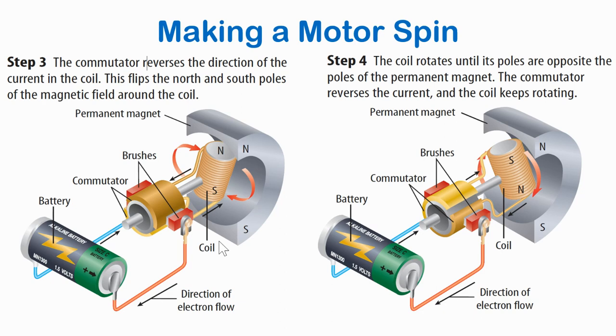This flips the north and south poles of the magnetic field around the coil. In step 4, the coil rotates until its poles are opposite the poles of the permanent magnet. The commutator reverses the current and the coil keeps rotating. It's a very clever design using what you know about electromagnetism.